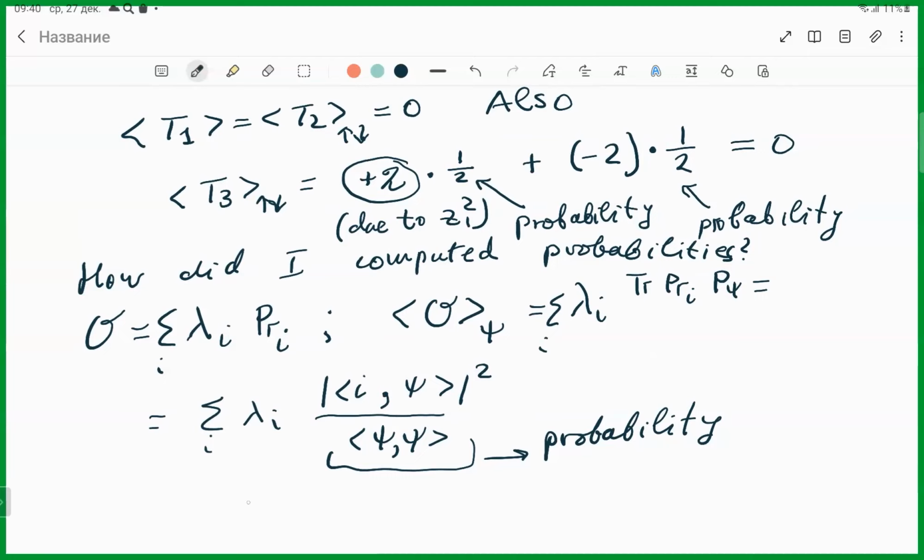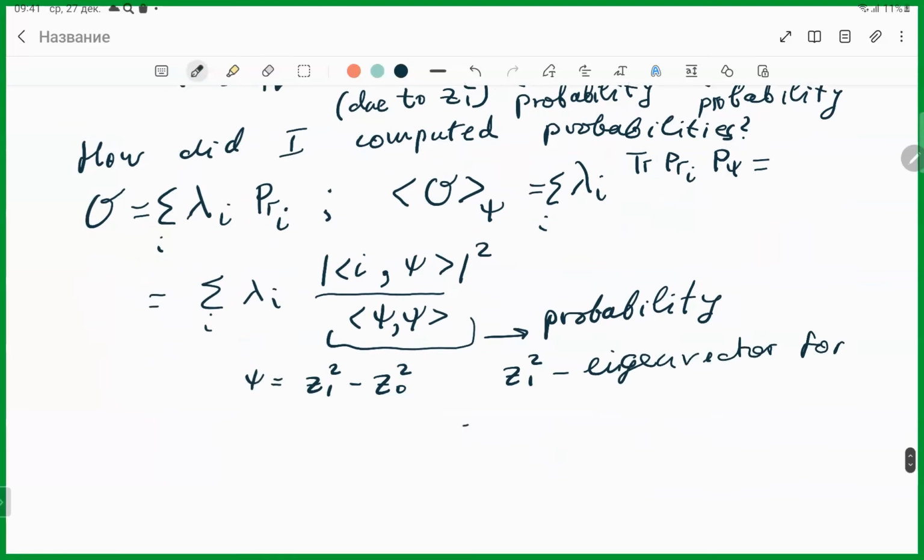So I put my psi. I decomposed my psi. That was z1 square minus z0 square. Z1 square is the eigenvector for eigenvalue 2.